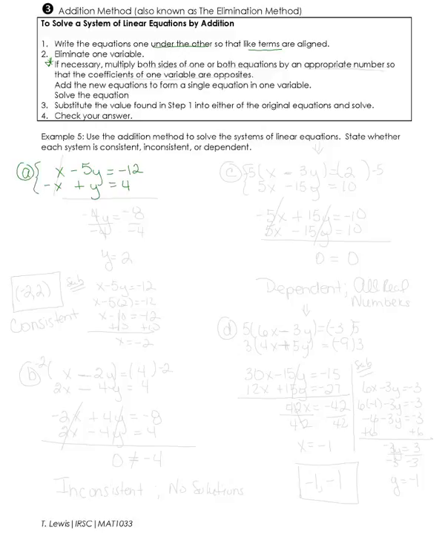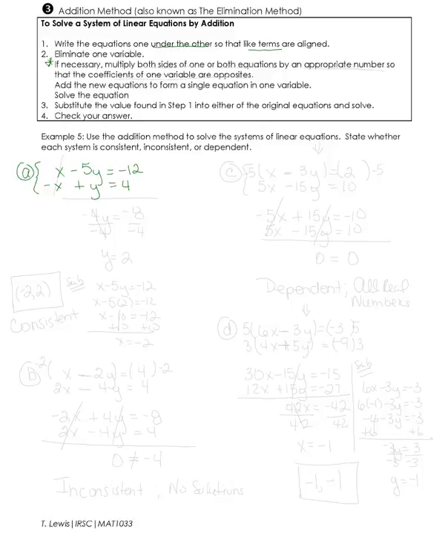So, what makes this one a little bit different than the first, the substitution? Well, with substitution, we're taking an expression and we're substituting it back into an equation. The addition method, also known as the elimination method, what we're doing is lining up our variable terms of x and y and our constant terms so we can eliminate a whole variable if possible.